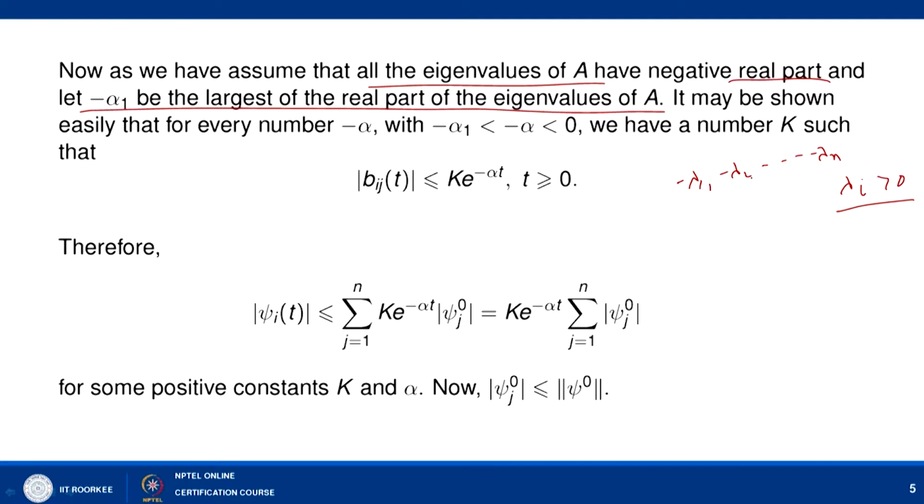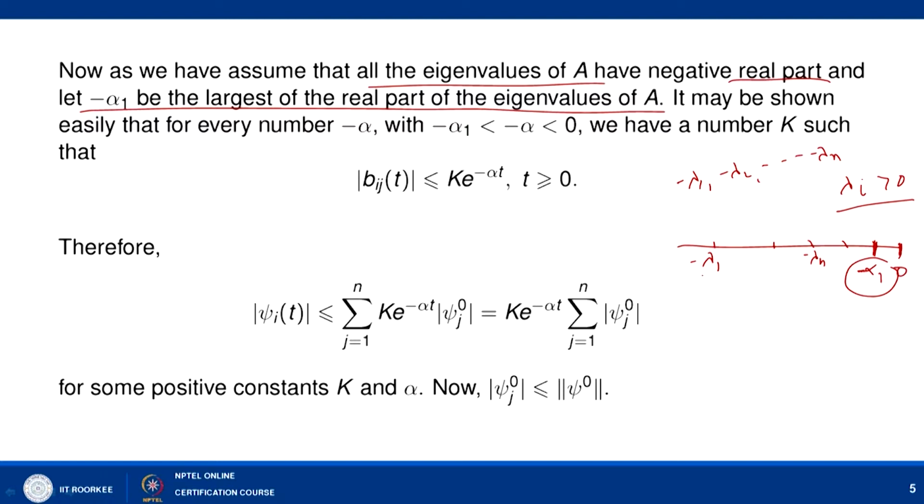You arrange them, so somewhere here it is 0, somewhere here we have minus lambda_n and somewhere we have minus lambda_1. Let us look at the one nearest to 0, and call it minus alpha_1. Let us say that minus alpha_1 is the largest of the real parts of the eigenvalues of A.